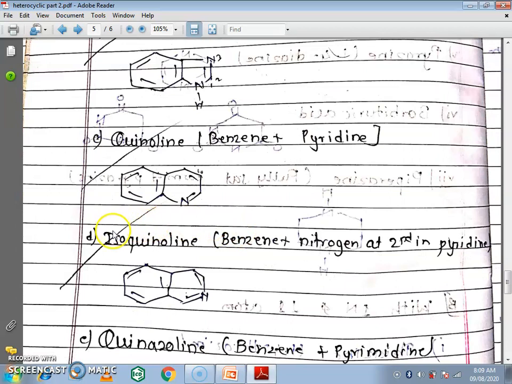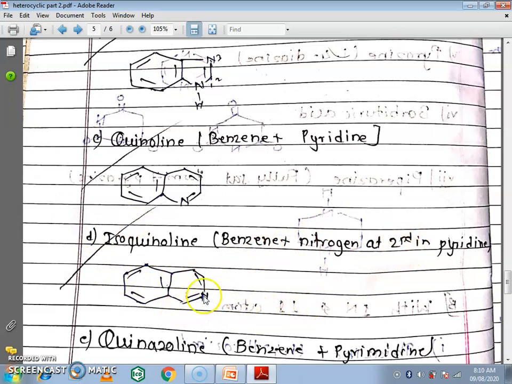Next example is isoquinoline. In this there will be a benzene plus a nitrogen at the second position in pyridine. This is also the same, but only the nitrogen position is different. In quinoline there is a nitrogen at the first position, but in isoquinoline there is a nitrogen at the second position in the pyridine.